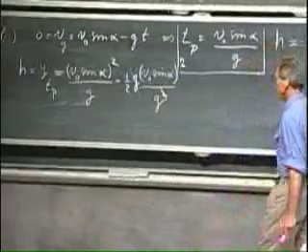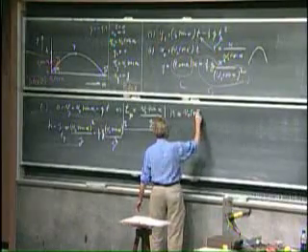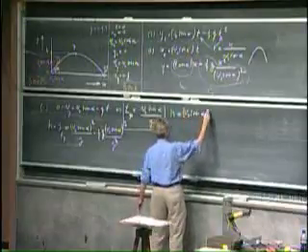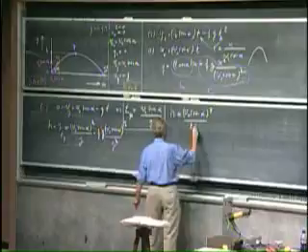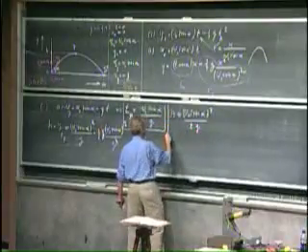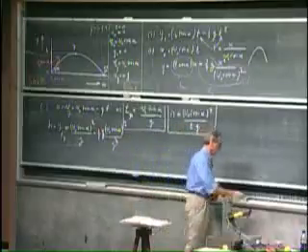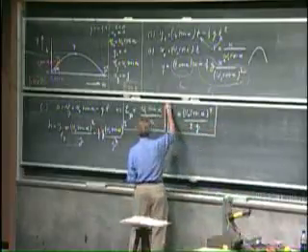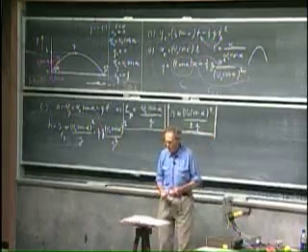The highest point in the sky equals v0 sine alpha squared divided by 2g. That is the highest point. Let's give that some color because we may want to keep that.